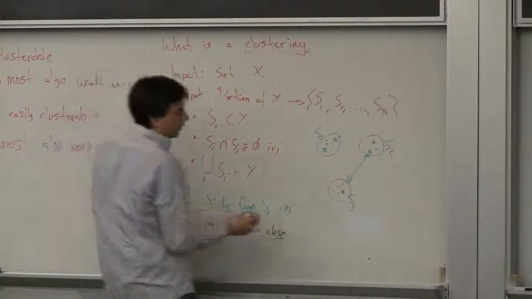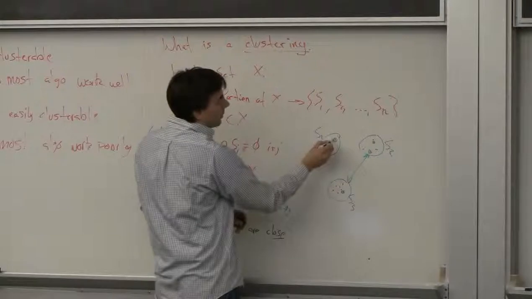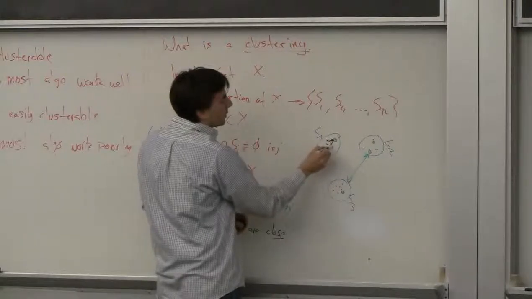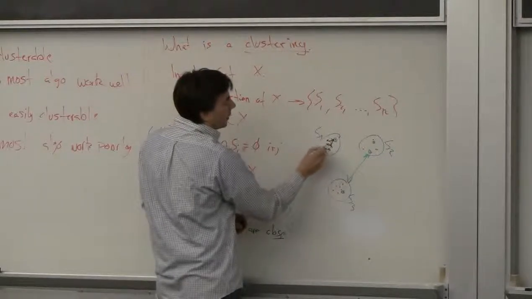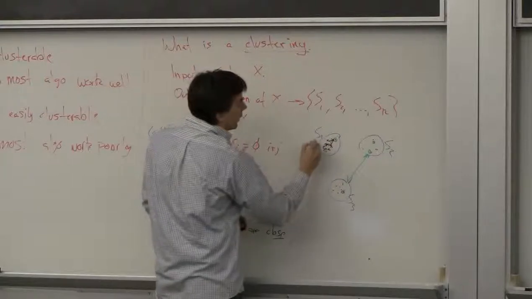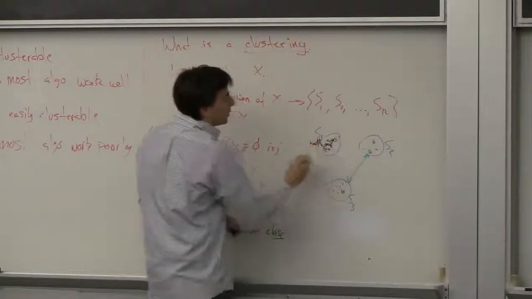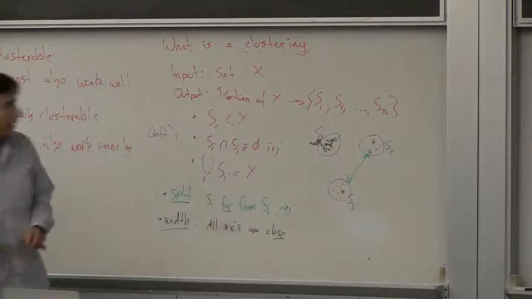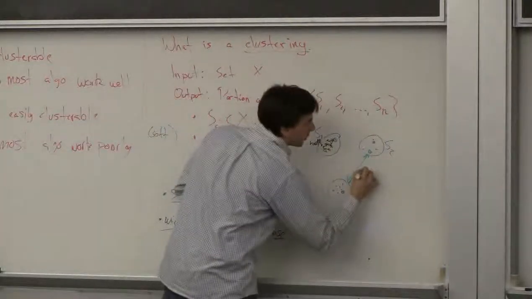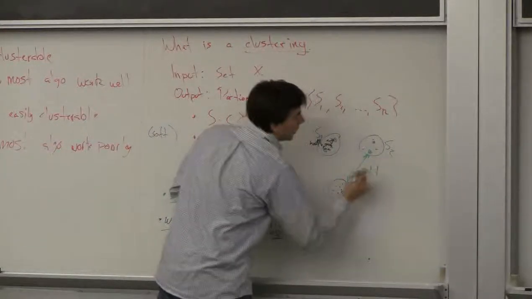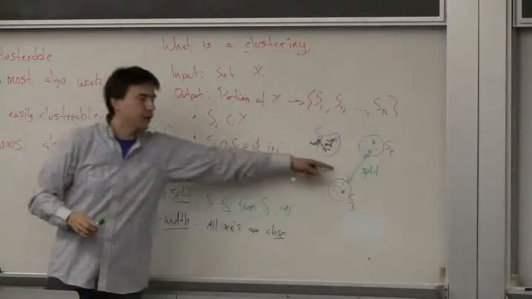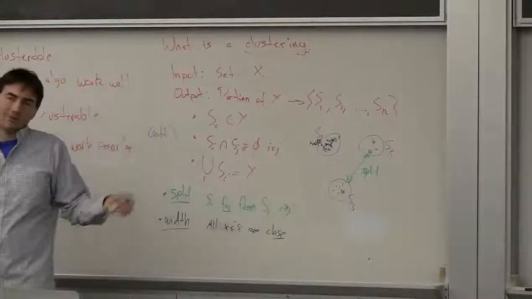This is far. That means all the points in here, all these pairwise distances inside of here, you want these to be small, and that's the width. Think of the distance between the clusters as the split. So you want the width to be small, and you want the split to be large.